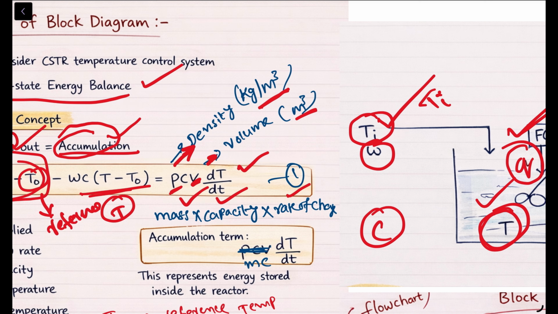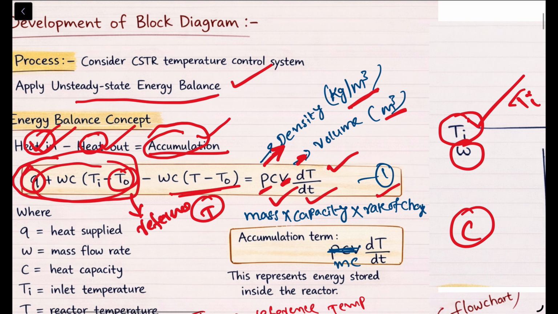So now we can write the complete energy balance equation. Q plus WC into (Ta minus T0) minus WC into (T minus T0) is equal to rho Cv into dT by dt.